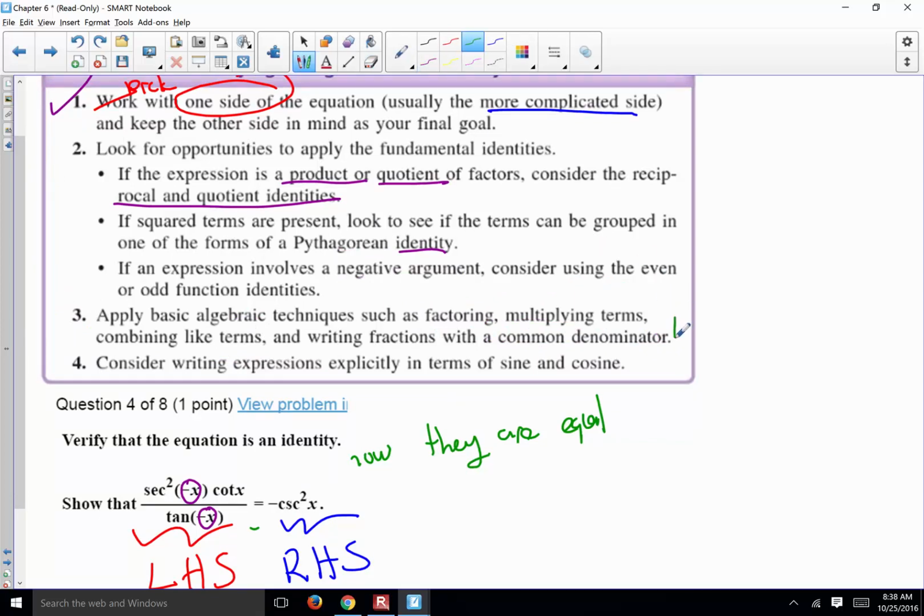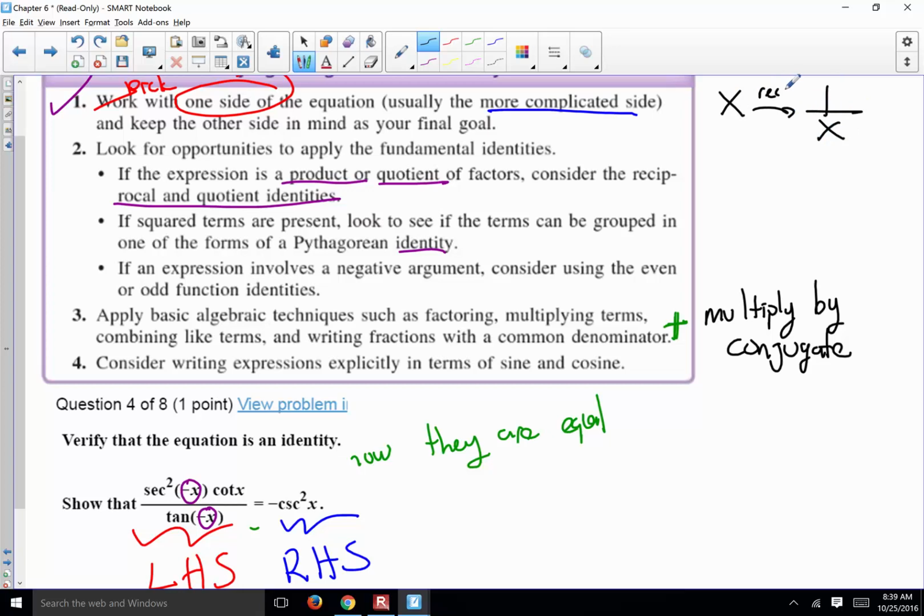This is so essential. You may sometimes need to multiply by the conjugate. Do you know what conjugate means? No, that's reciprocal. If you have x, 1 over it is called the reciprocal.